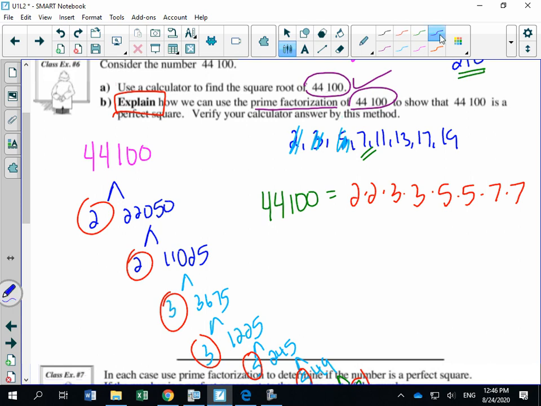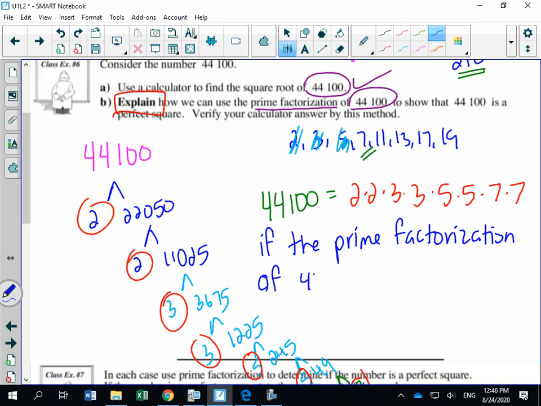If the prime factorization of your number, so of 44,100, contains factors, and we're going to write the sentence a few times, so you'll have it memorized.